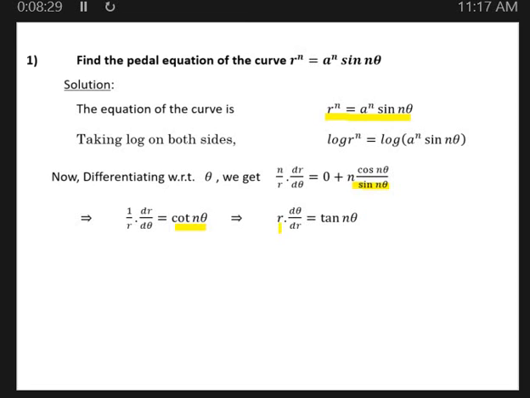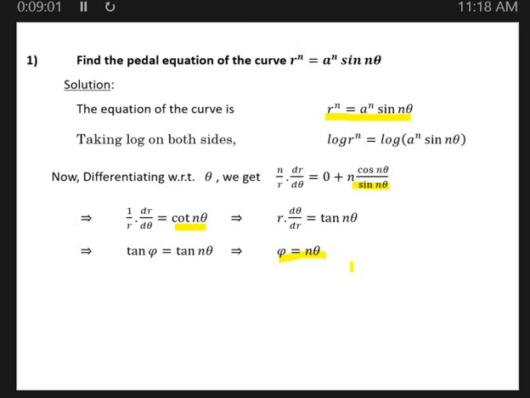Why? Because tan phi is equal to r into d theta by dr. This is the standard formula to find the angle between the radius vector and the tangent. So this implies tan phi is equal to tan n theta, which implies phi is equal to n theta.